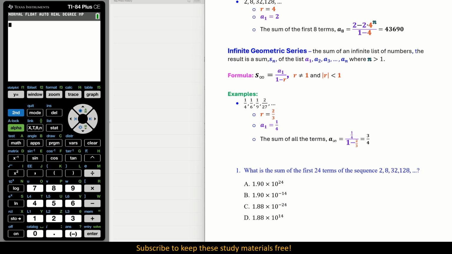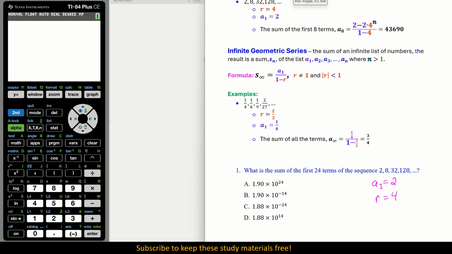Number 1, what is the sum of the first 24 terms of the sequence 2, 8, 32, 128? Okay, we know that a sub 1 equals 2, and our common ratio is 4 because 8 divided by 2 is 4, 32 divided by 8 is 4.